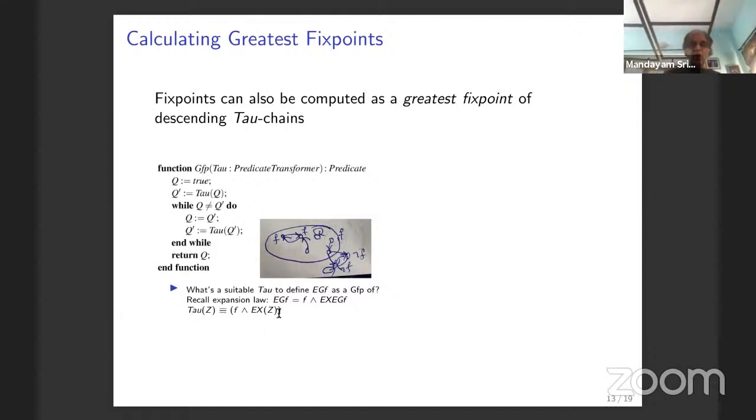So the best way to view the greatest fixed point computation is that in each step you're removing something that should not be part of your fixed point. And you recall how in explicit state model checking, EG was calculated.